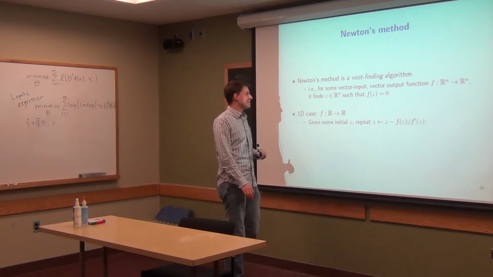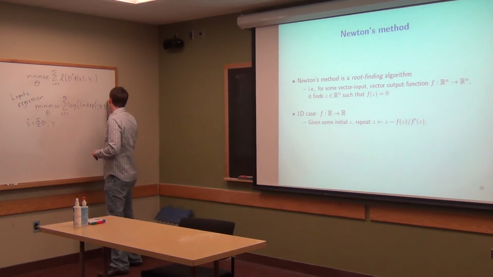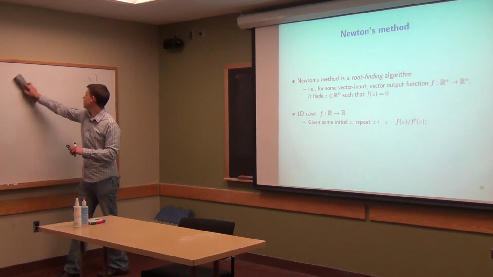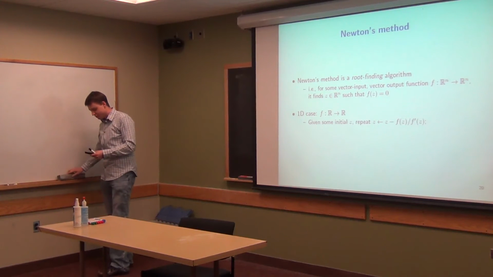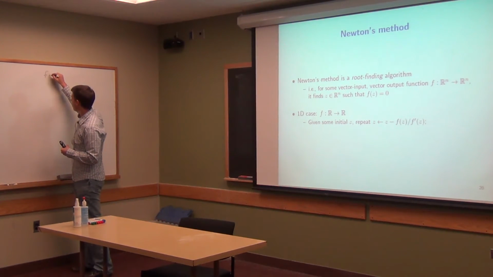Newton's method is a root finding algorithm. What I mean by that is, it is an algorithm that you give some function f. I'm going to talk about f as just a general function now, mapping from R^n to R^n.